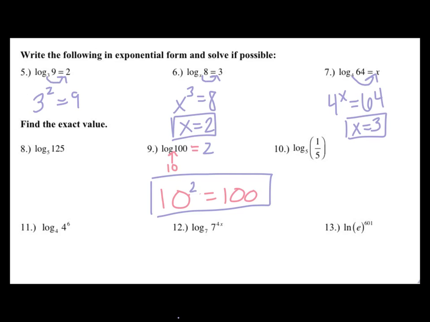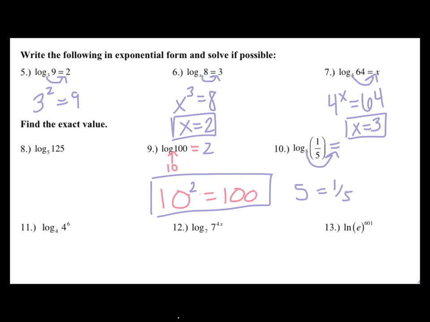So what about number 10? Again, we're bringing this over. So 5 to what power equals 1/5? Well, whenever you see a fraction and a whole number, so we're going from 5 to 1/5, or vice versa, to flip between a whole number and a fraction, it's going from technically 5 over 1 to 1 over 5.